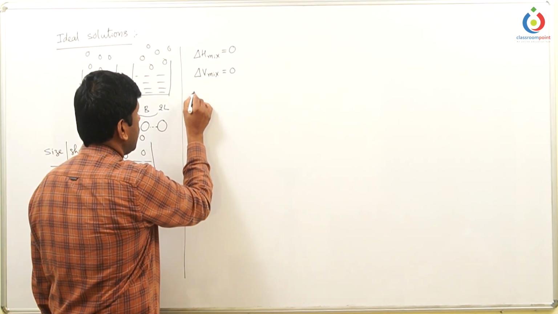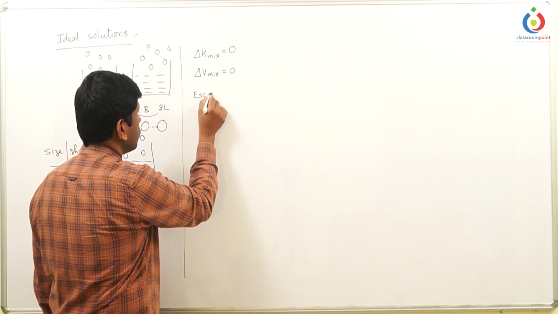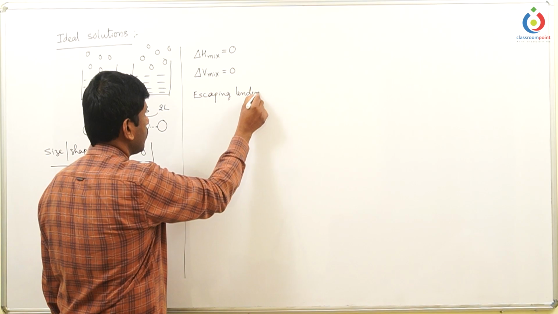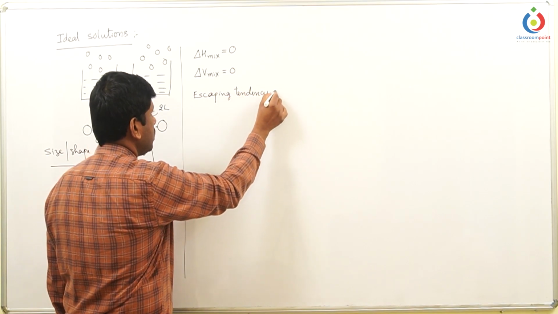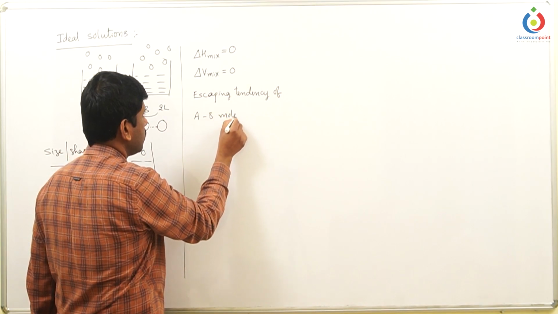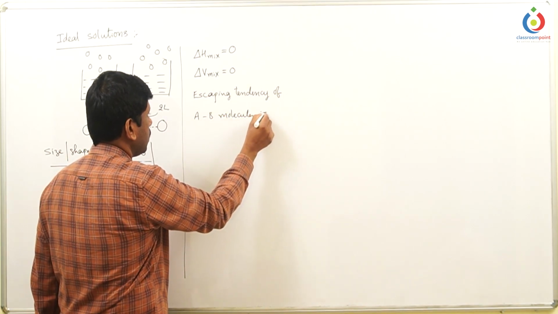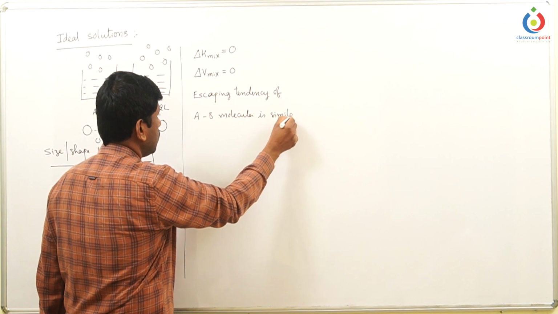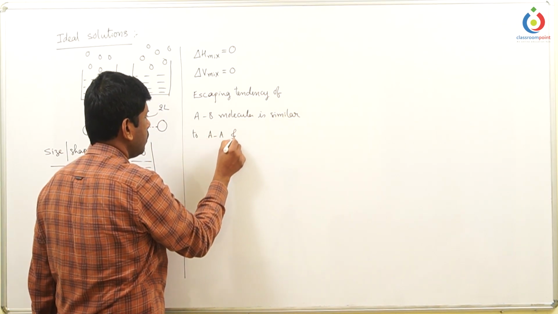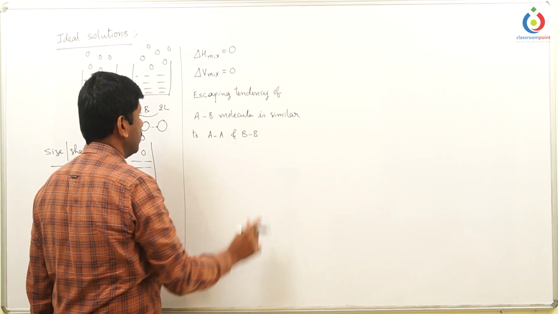That means here we can write that the escaping tendency of AB molecules is similar to that of AA molecules and BB molecules.